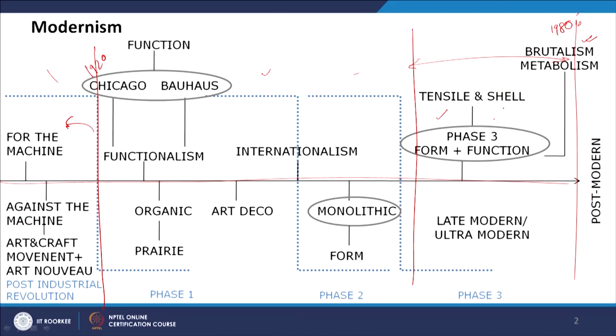This postmodern movement was against the concept of minimalism. Most of the modern movements, especially internationalism and many others, were very rectilinear and low in ornamentation. Sometimes the ornamentation was just the structures, for example shell and tensile; sometimes it was just pure color and pure material in brutalism, as well as Bauhaus and internationalism; and sometimes the design was just the outer skeleton or the surfaces in the context of metabolism.